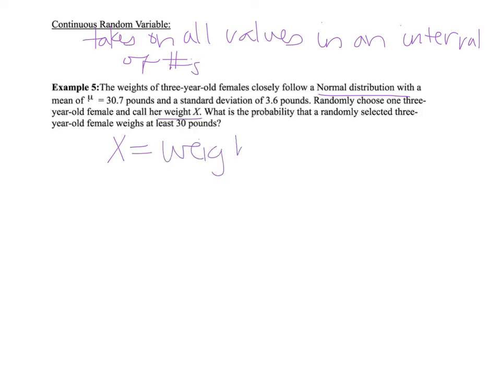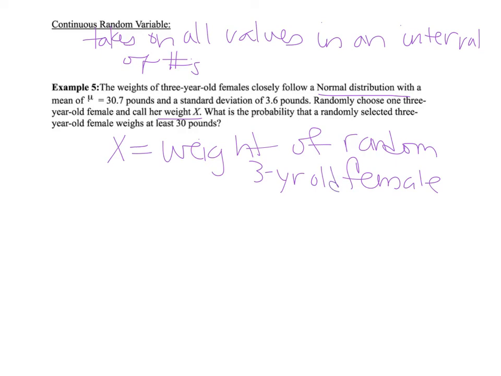So you don't have to rewrite this, but it's always important to define whatever your variable is. If they do not give you something like x, make sure that you define a variable if you're going to use anything in there.